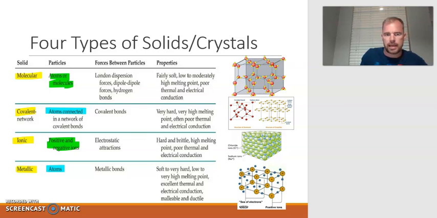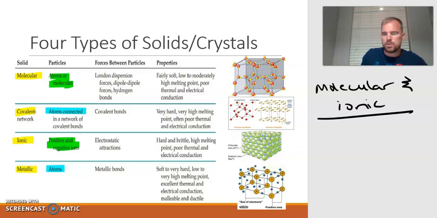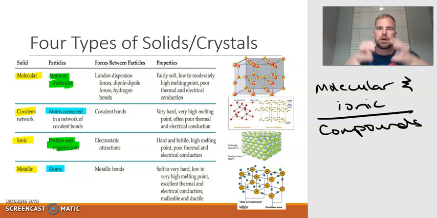So if I were to look at molecular and ionic, these are essentially compounds that are held together in a solid structure. We'll go through some examples, but that's how you can tell those two.